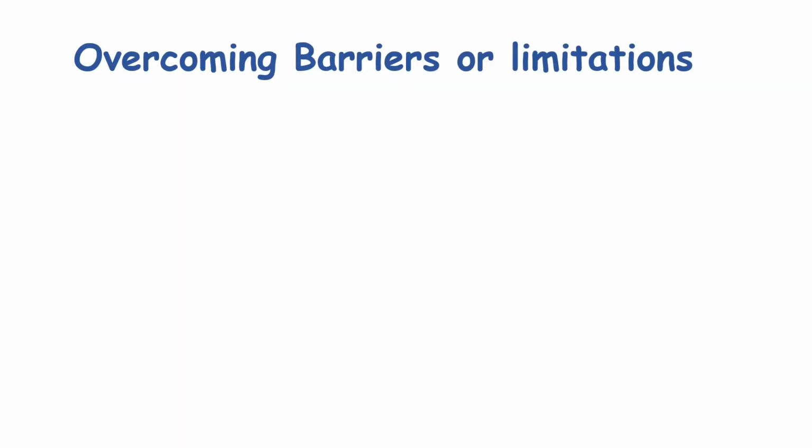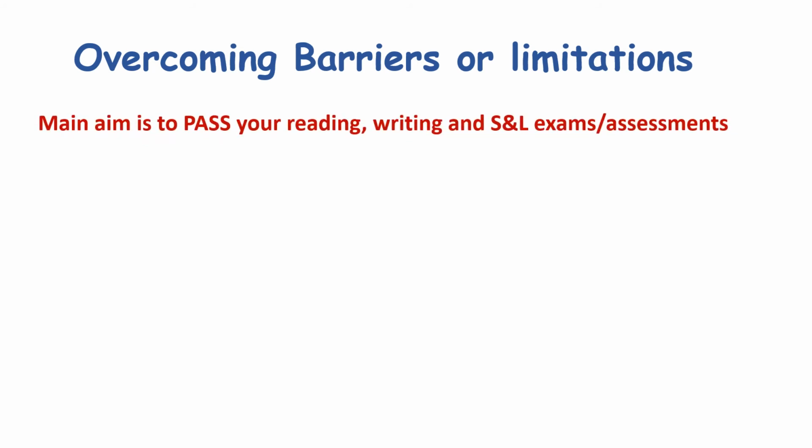So now that we have covered a number of possible barriers that could get in the way of you passing your functional skills English exams, I would like you to take a moment to reflect on your own barriers. What do you think might possibly affect your ability to pass your writing exam? What could possibly get in the way of you passing your reading exam and your speaking and listening exam?